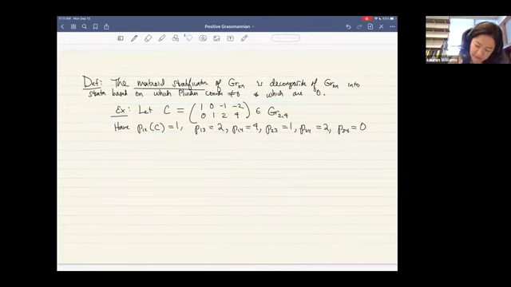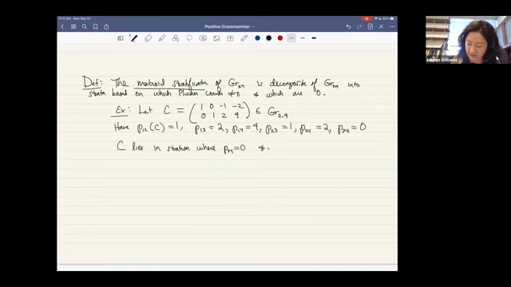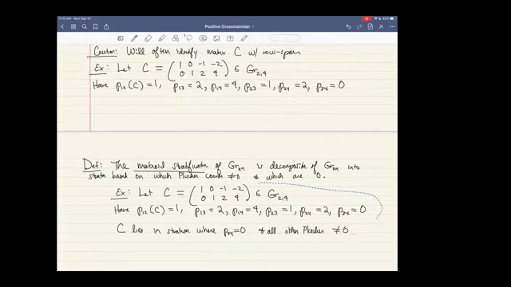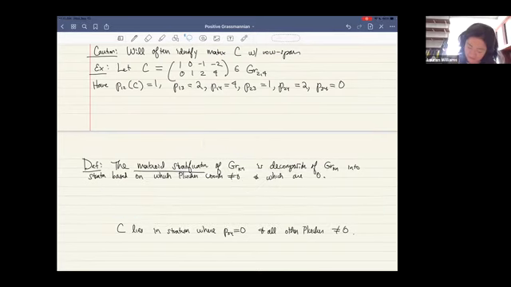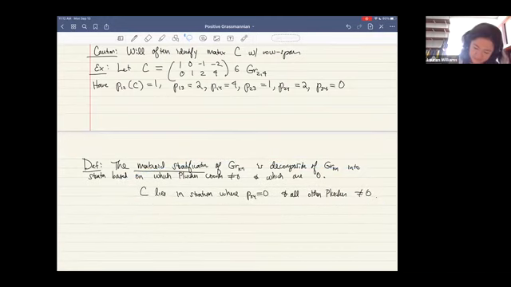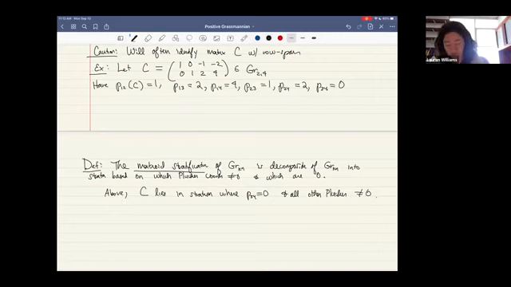So above, C lies in the stratum where P_{34} is 0 and all other Plücker coordinates are non-zero.